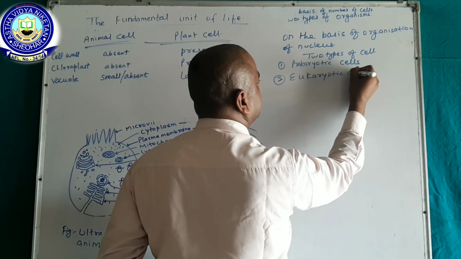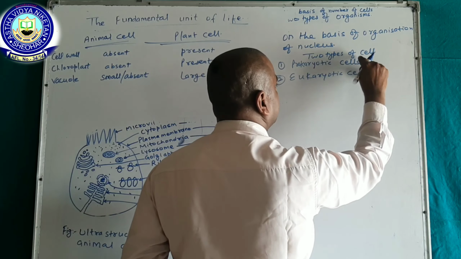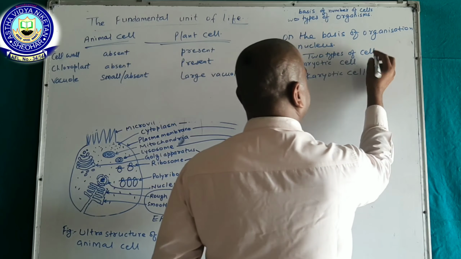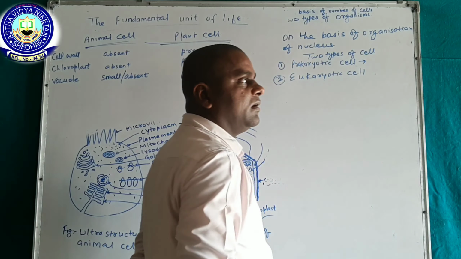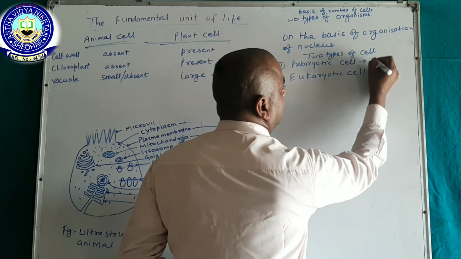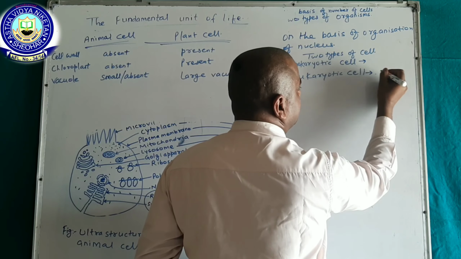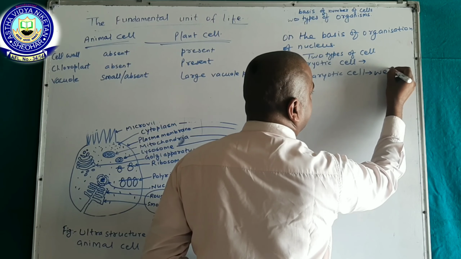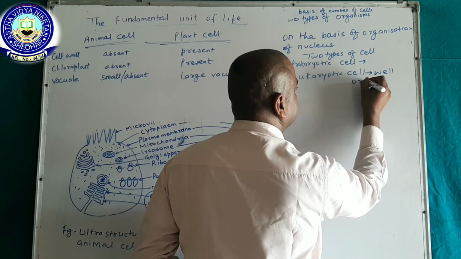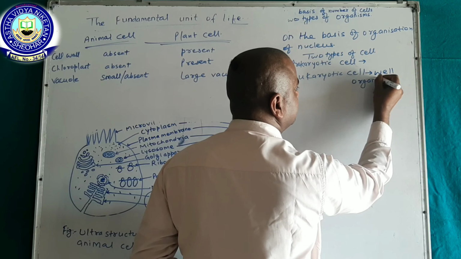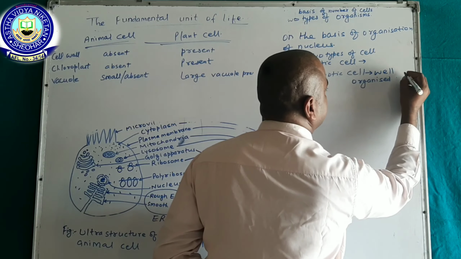In the eukaryotic cell, a well organized nucleus is found.